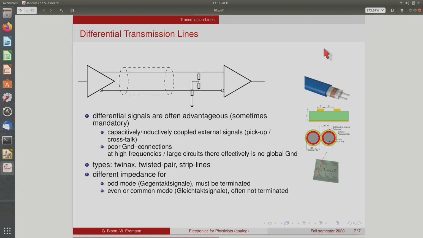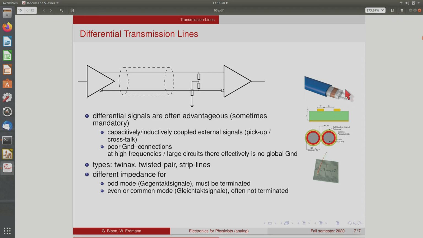And that signal is sent through this pair of wires. This is much more immune to pickup and other problems that are coupled onto the wire from the outside. So with this kind of signal transmission, you're very much immune to external problems.